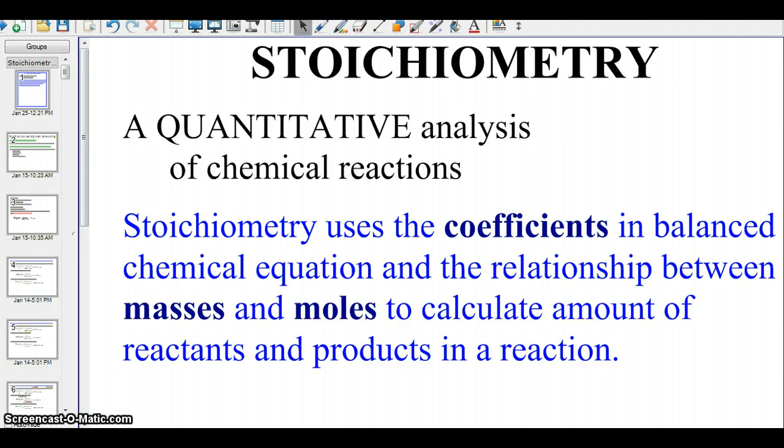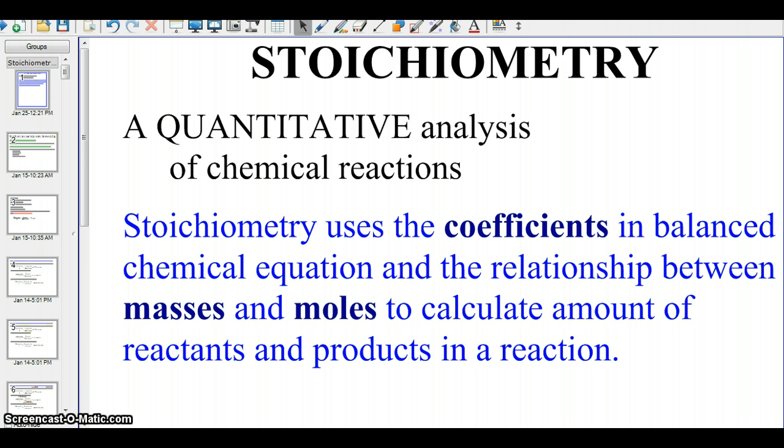This podcast is entitled Stoichiometry Introduction. As the title indicates, the definition below it, we look at stoichiometry using numbers. Quantitatively, we are going to figure out how much, whether it's volume, mass in grams, or later we might ask the question about concentration.